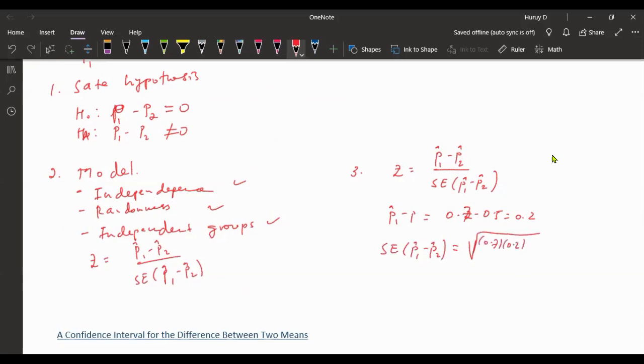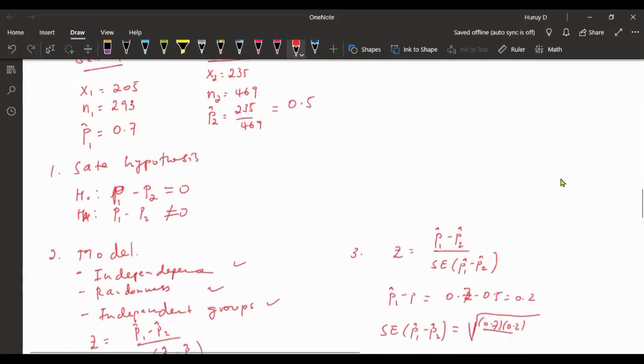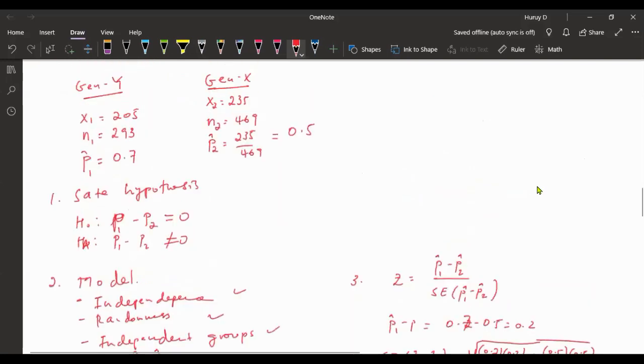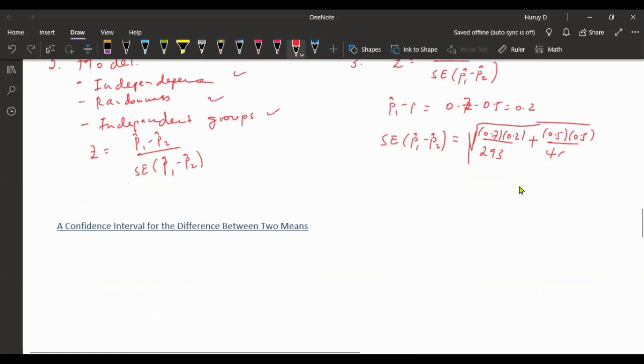the square root of 0.7 times 0.3 over n1, 293, plus 0.5 times 0.5, q-hat and p-hat are the same, over 469. Approximately you will get 0.0354.